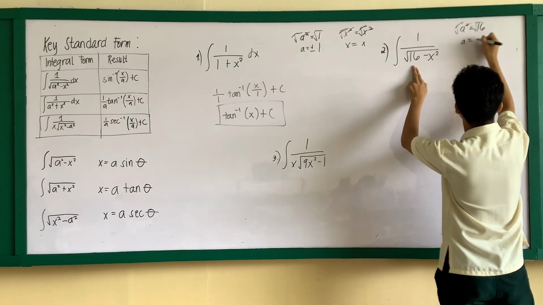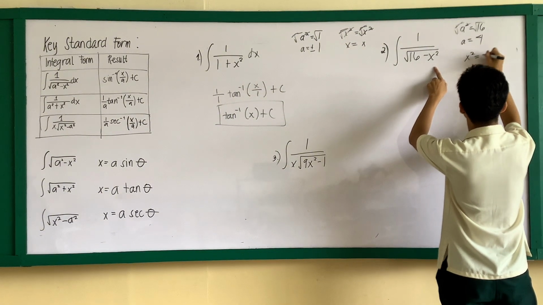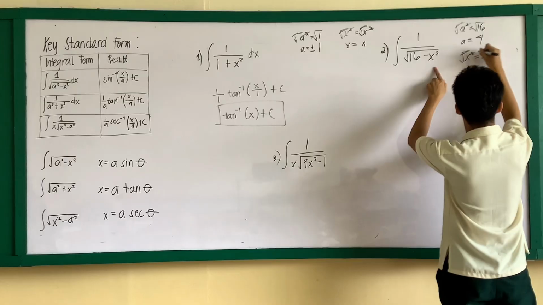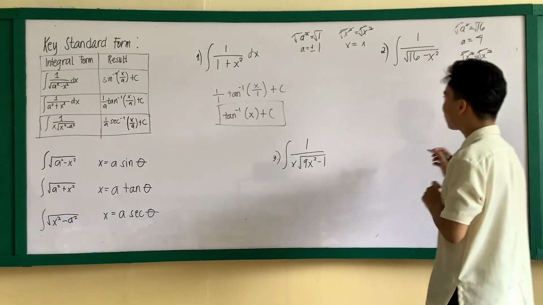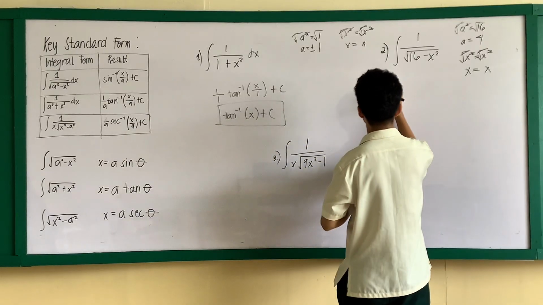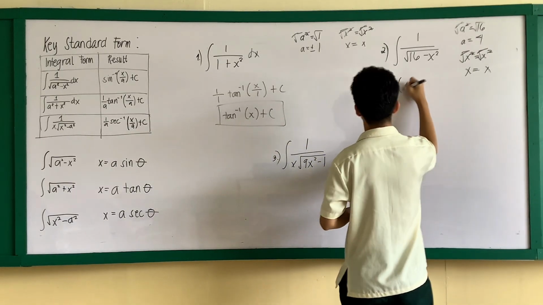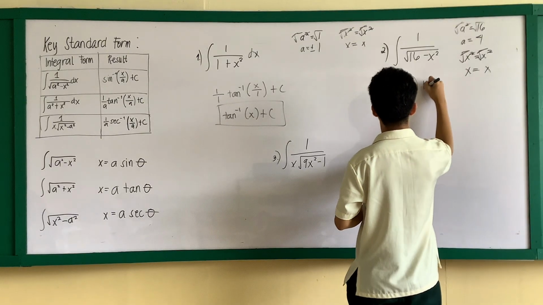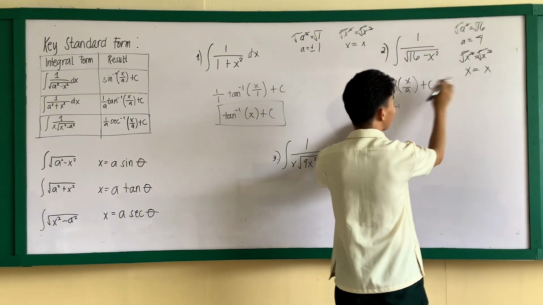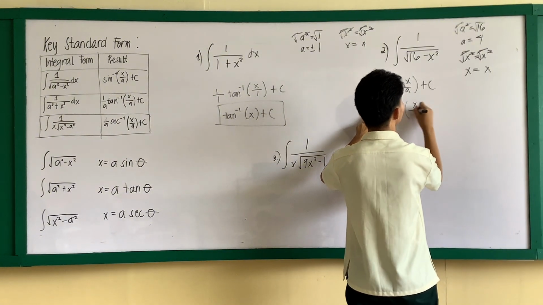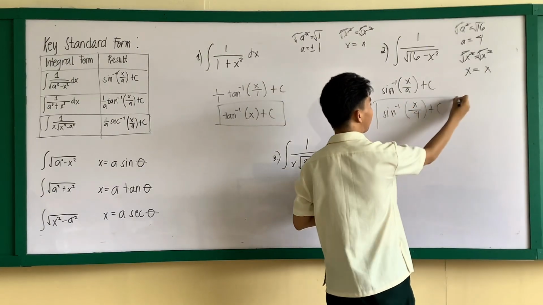So the value of a is 4. Next is the x. The value of x is x. So now we can use the arc sine x over a plus c. So arc sine, the value of x is x. The value of a is 4. So this is our final answer.